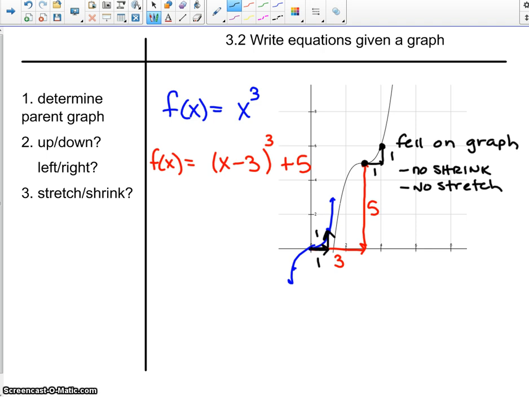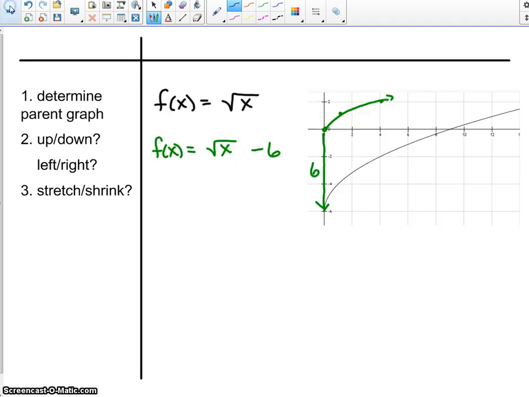And when we looked at graphing, we noticed a lot of times that the vertical stretch and the horizontal shrink were the same thing. The vertical shrink and the horizontal stretch were the same thing. So with this section, when you're writing your equations, deal with them as a vertical stretch or a shrink, not as a horizontal. So when we look at the same idea here, when I took my parent graph, I went 1 in the horizontal, 1 in the vertical to get to my next point.